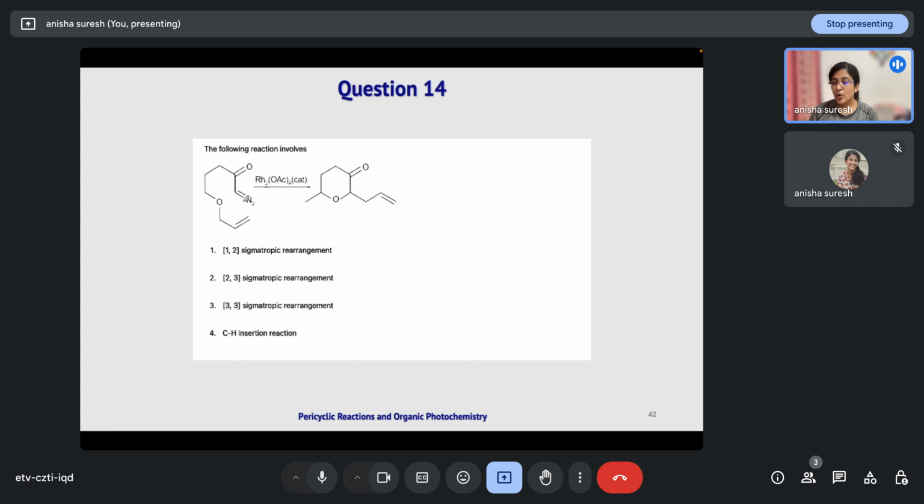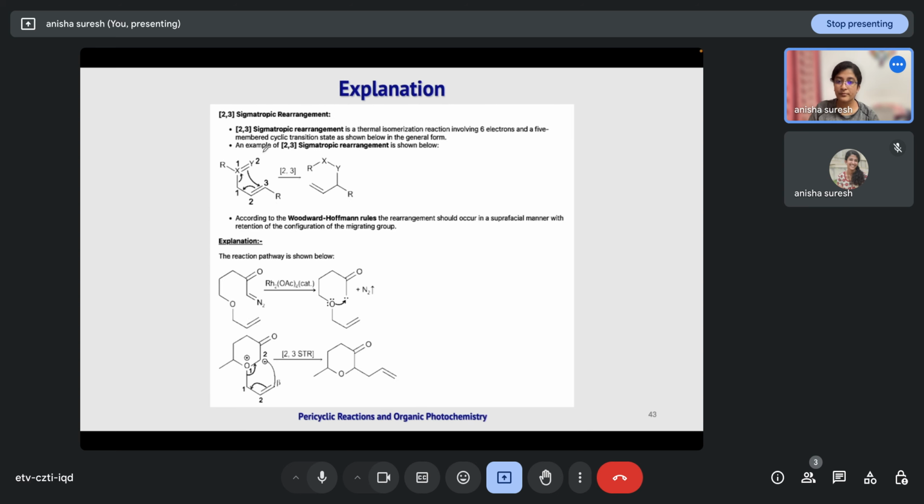So this diazo compound, after reacting with this dirhodium tetraacetate, will result in the formation of a metal carbenoid, which will undergo nitrogen extrusion, leading to the formation of a carbene. Then what will happen? See, this carbene will be formed. Carbene is electrophilic in nature.